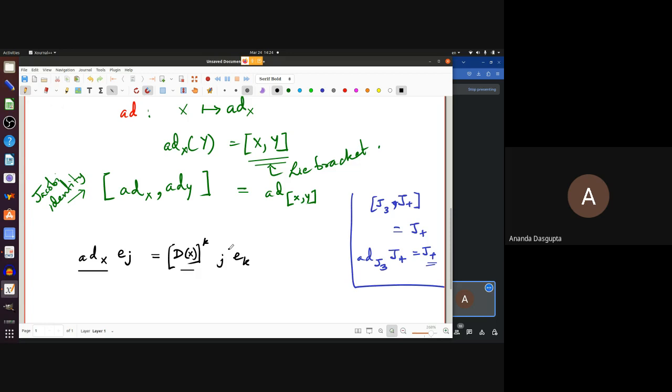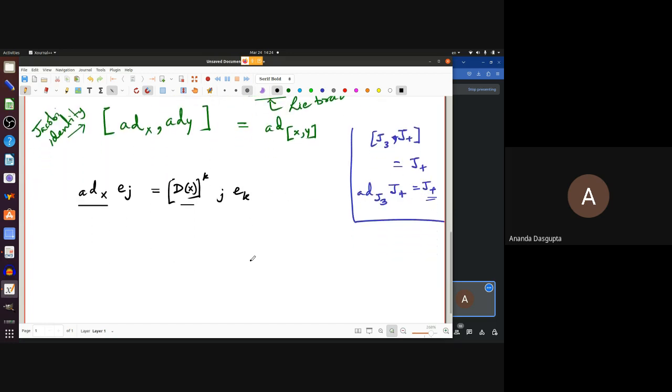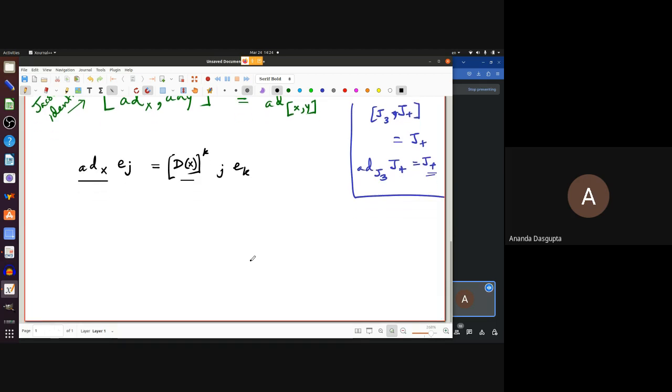Using the row index K, J instead of J, K in this sum is exactly what we did in linear algebra to ensure that multiplication of the operators, which is doing one operator after another, corresponds to matrix multiplication. So I can get a matrix for every one of the ad X's.